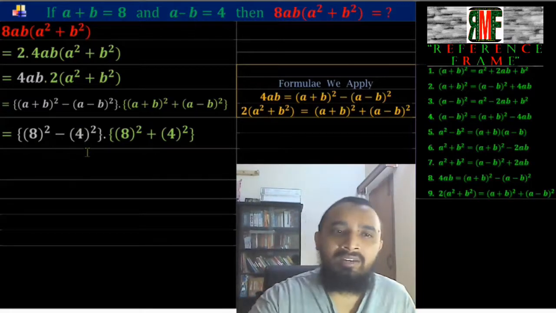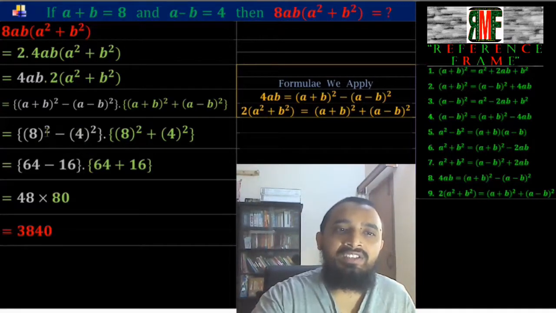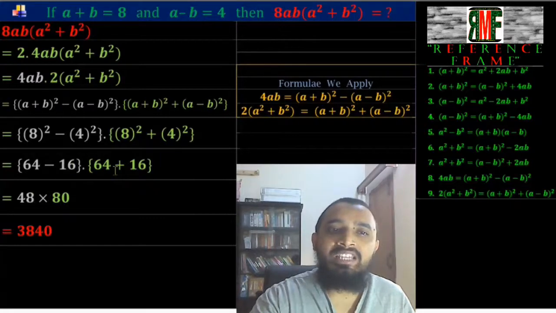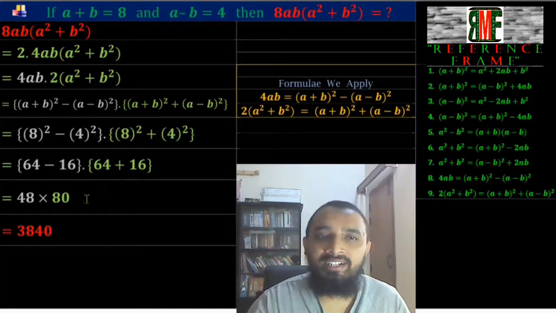So we get 64 minus 16 into 64 plus 16. 64 minus 16 results in 48, into 64 plus 16, which results in 80. Multiplying both of them, we get 3840.